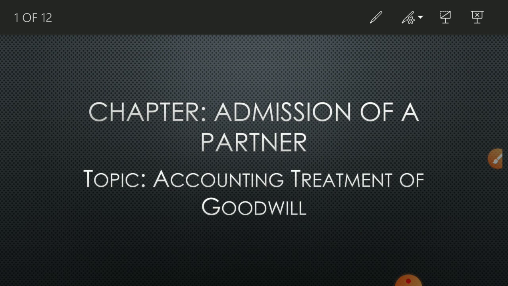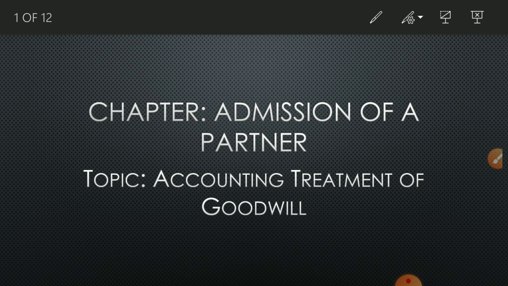Now there are so many cases in the treatment of goodwill in this chapter, and that also we will study. I am not discussing the calculation of sacrificing ratio, because that also we already studied in the chapter change in profit sharing ratio. The sacrificing ratio equation is old ratio minus new ratio. So if in the question the old ratio and new ratio are both given, then you have to calculate the sacrificing ratio.